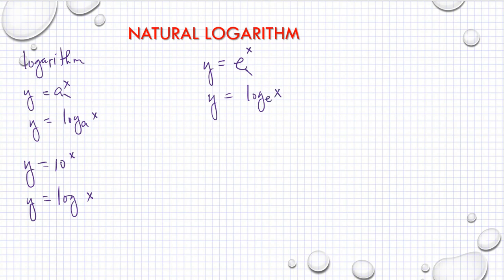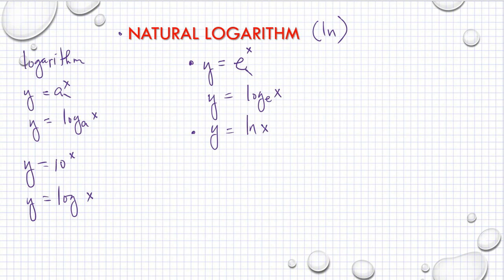But instead of using logarithm, we're going to use the natural logarithm. In your calculator it is ln, so the natural logarithm can be written ln of x. So the inverse of an exponential function with a base e is y is equal to ln of x.